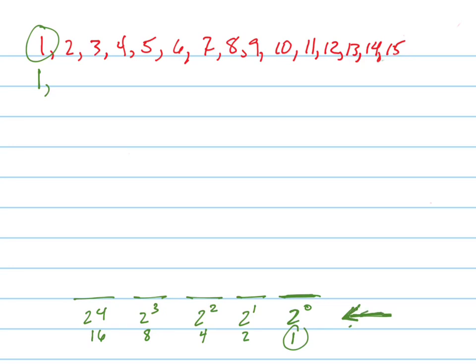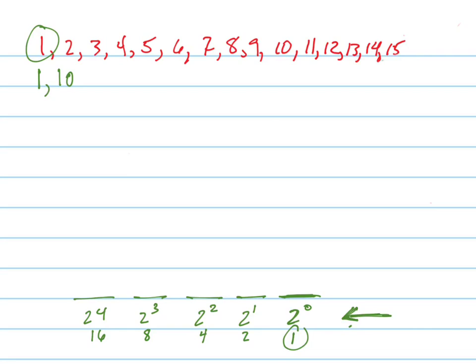Again, look down here. I need 1 of these, and I need 1 of these and 0 of these. So I need 1 and 0. How do you write the number 2 in base 2?